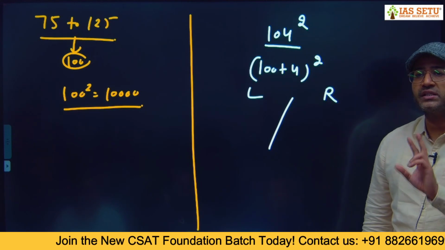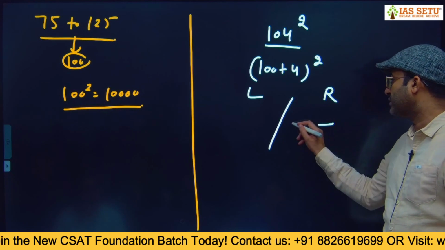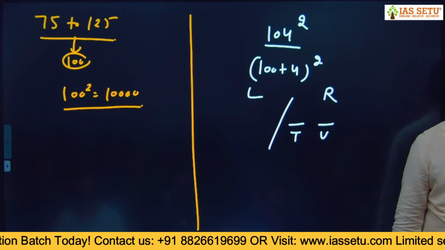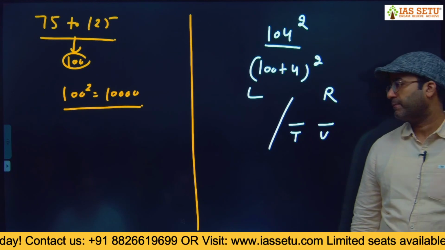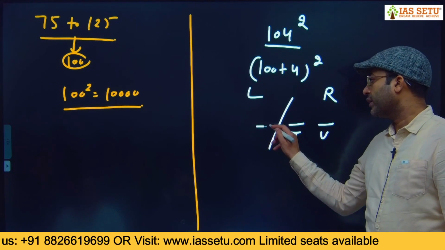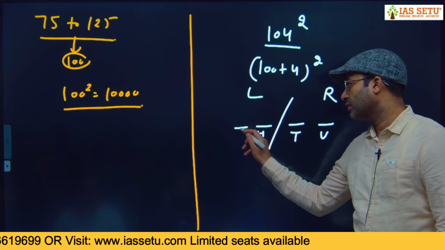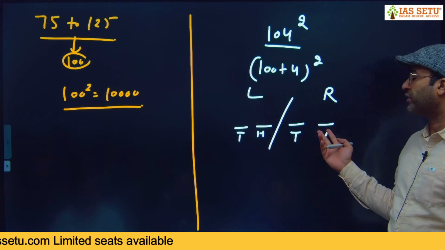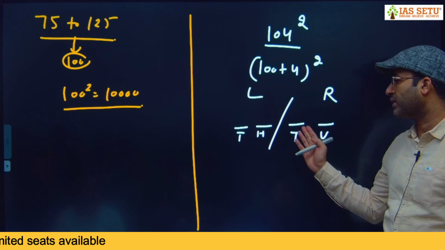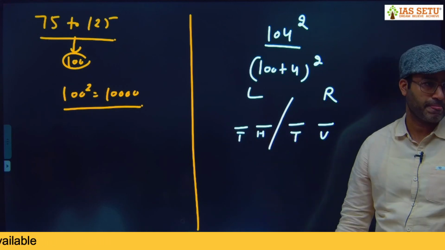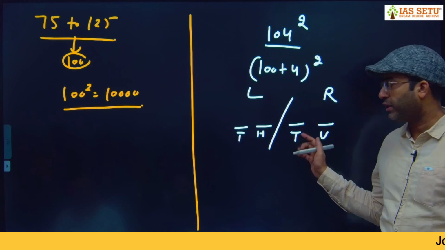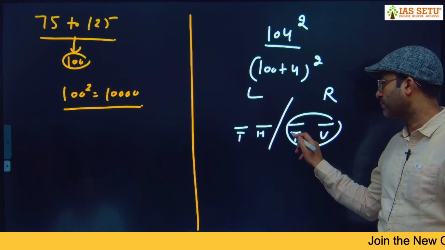And the right side is fixed for 2-digit, unit place and 10 place. Here we will have 100 place, 1000 place, 10,000 place. It is fixed for 2-digit. If it is 1 digit, then also we have to write 2. It is fixed. Unit place, 10 place.